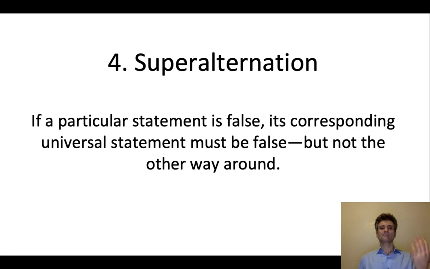What do I mean by corresponding? I mean that the form I, some S are P, has a corresponding universal statement, which is the A form, all S are P. And on the other side, you have a particular O form, which has its corresponding universal, which is the E form.